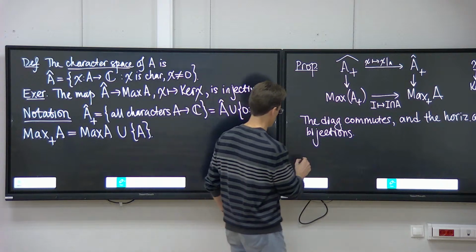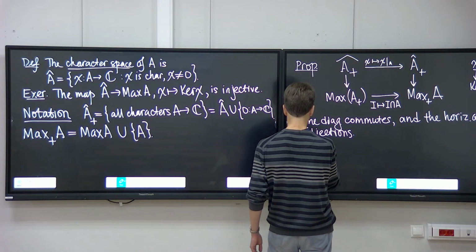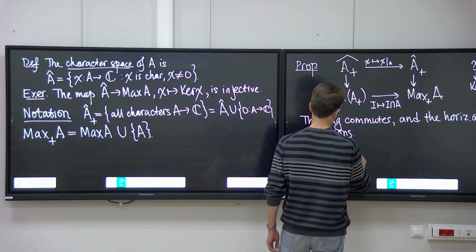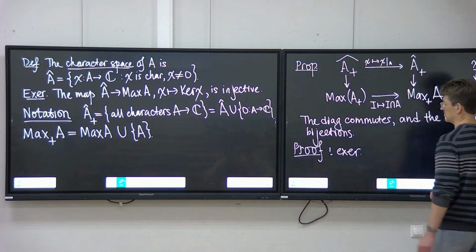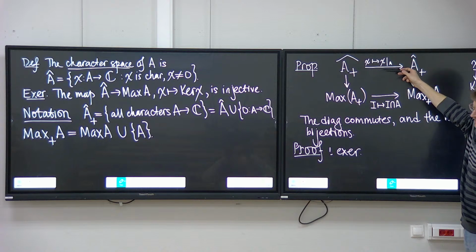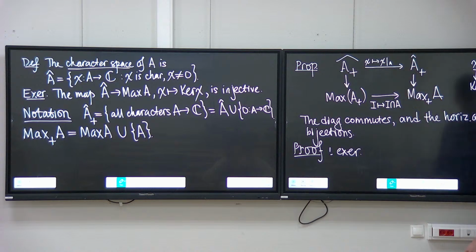The proof is a useful algebraic exercise for you. In fact, the commutativity of the diagram is rather easy. The fact that the upper horizontal arrow is a bijection is also clear because it's just a special case of the universal property of the unitization.